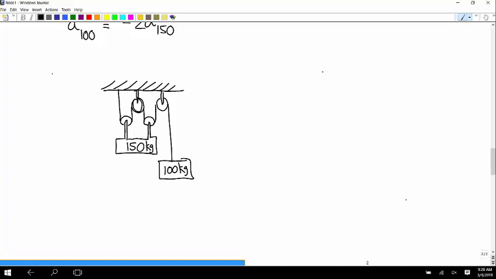But you can actually just buy these setups. A real block and tackle is a rigid box, and there's pulleys up here and pulleys down here, so you don't spread it out. It's not spread out like this.